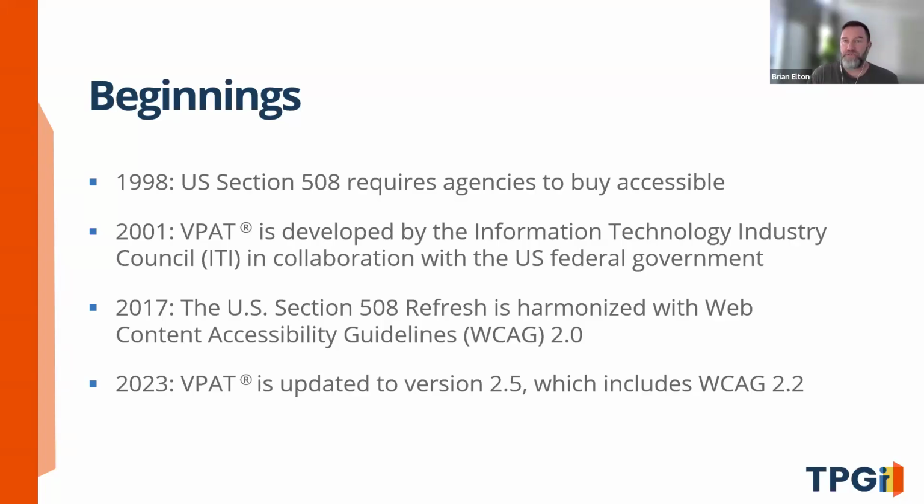So whether it's things being produced by the federal government, being used by the federal government, being procured by the federal government, or contracts being paid for with federal funds, that type of thing. So anything that had to do with the federal U.S. government, they required that any agency having to deal with the federal government buy accessible products and use accessible products.